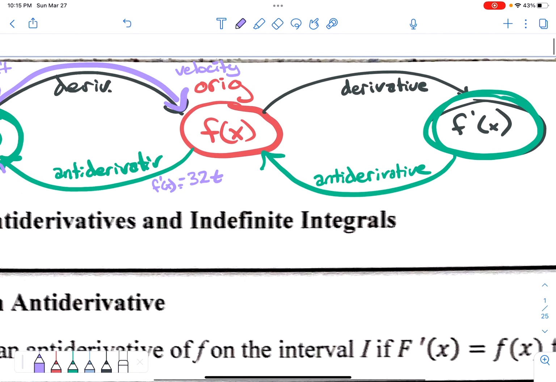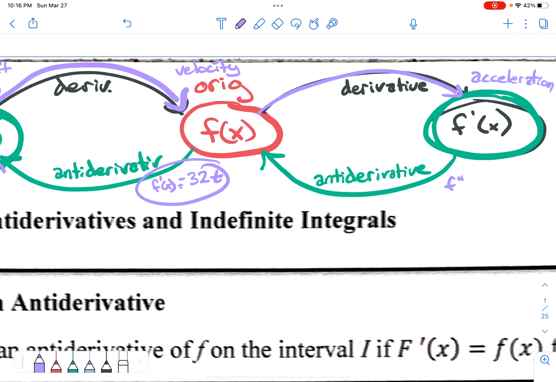And then, if I'm given that, I could take the derivative again and get to acceleration. Okay, and that's f double prime. So not f prime of x and not the original function in this case. We're taking the derivative twice and getting to f double prime of x, and that's just negative 32. And this is feet per second squared or whatever. We won't get bogged down with notation.